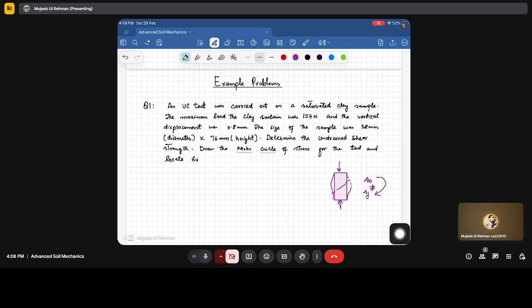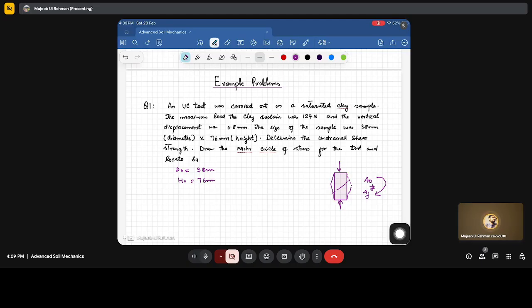So how are we doing it? What is the diameter D naught? Let's solve it. D naught is equal to 38 mm, and the height of the sample is 76 mm. Generally the height to diameter ratio of the triaxial sample is kept like this to ensure that the maximum portion of the stress you are applying passes to the sample. You have heard about isobars in the stress distribution chapter, so the maximum pressure contours should pass through the soil sample.